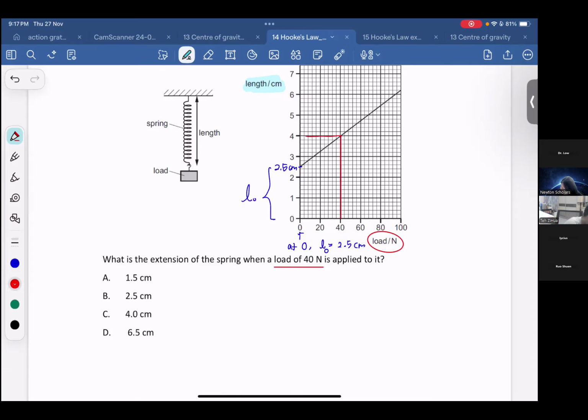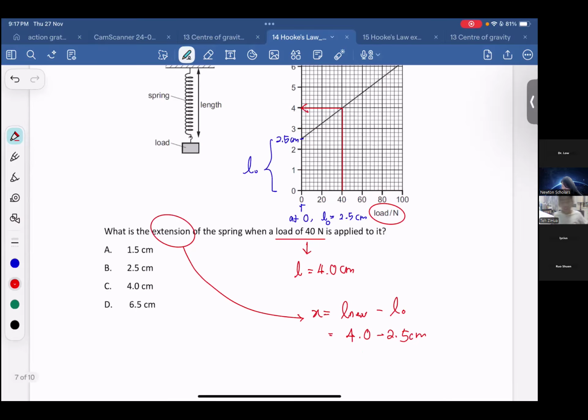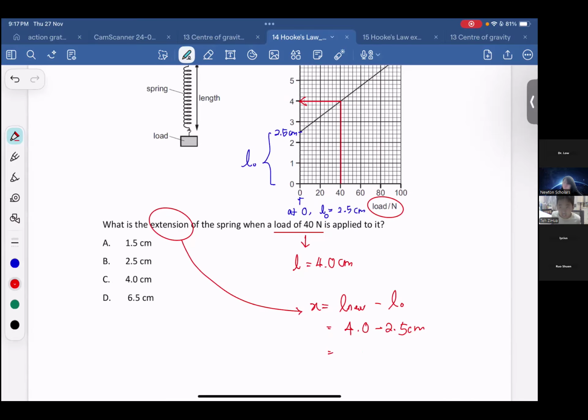No. 4 cm is the length, 4.0 cm. What is the question asking? Extension. So extension is new length minus original length, which is 4.0 minus 2.5 cm. Your answer should be 1.5 cm.